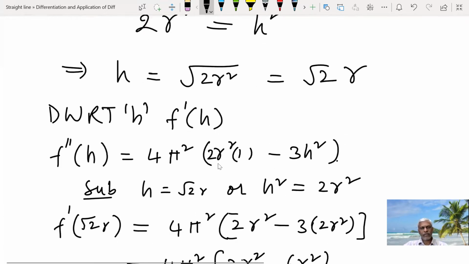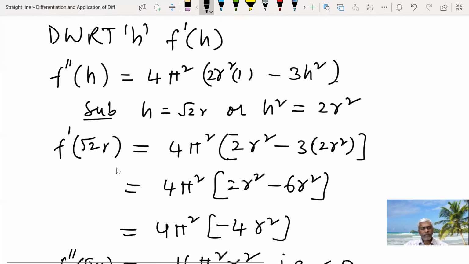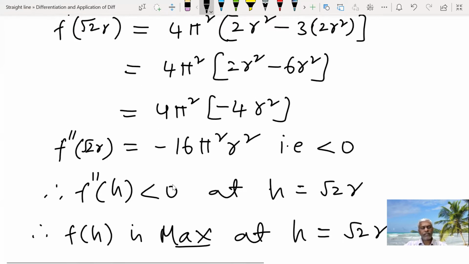To know whether it is minimum or maximum, we have to substitute it in the second derivative. If the value of the second derivative at that point is less than 0, then the function is maximum at that point. If the second derivative at that point is greater than 0, the function is minimum at that point.